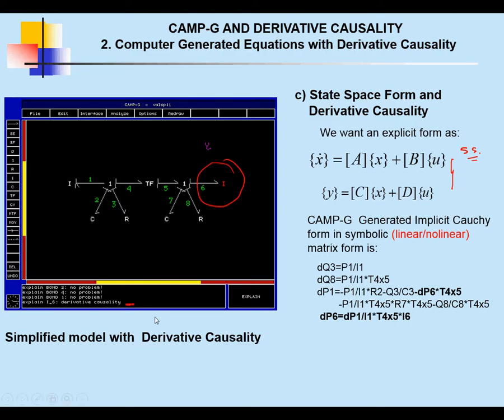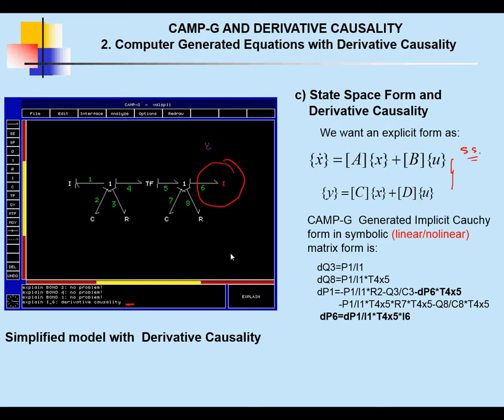But if you insist in generating the equations, CAMP-G is not going to object, and it will produce the implicit set of equations. And then it leaves it up to you to solve those implicit set of equations. And the way we do it is this.